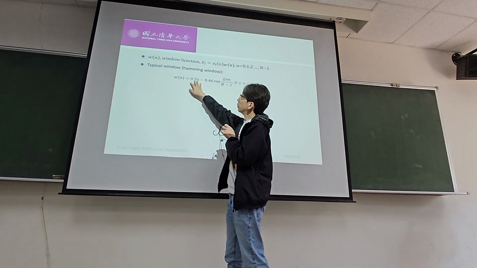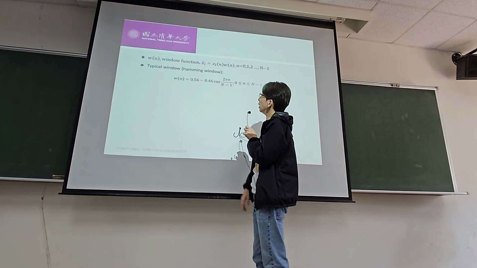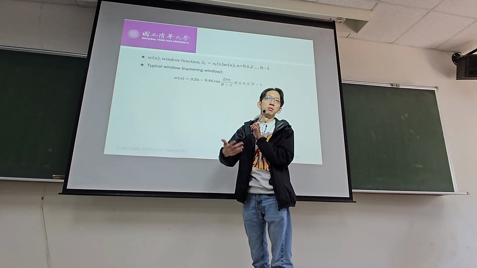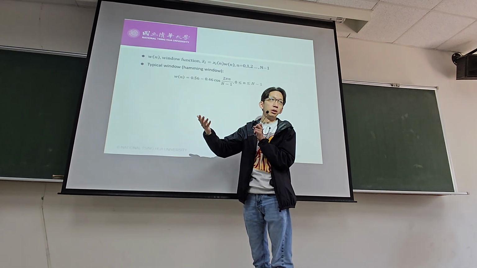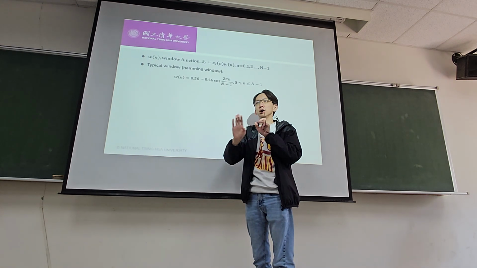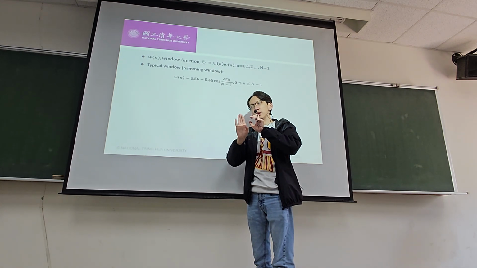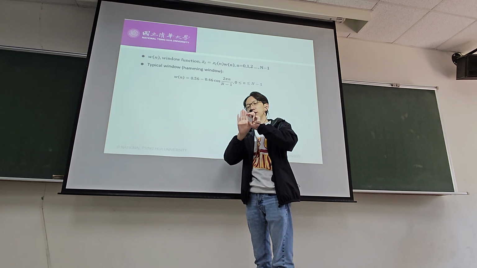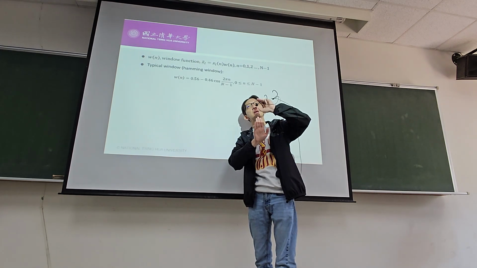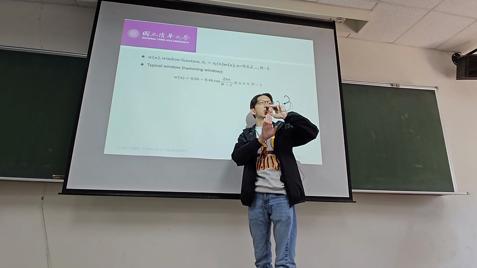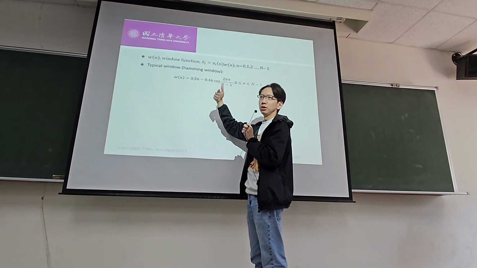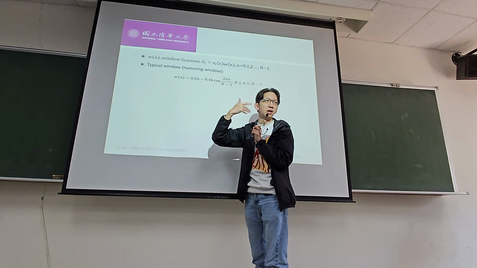A typical window in use is the Hamming window function. The Hamming window is a simple modification of a rectangular window by adding a cosine term. Basically, what it does is shift the representation to a certain frequency, so that whatever peak there is in the rectangular window gets canceled out. So it's not a new window, basically it's a rectangular window.